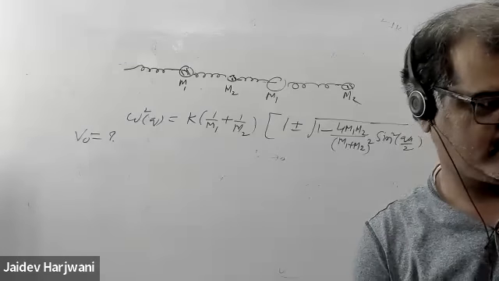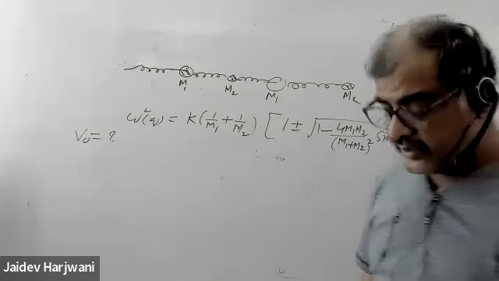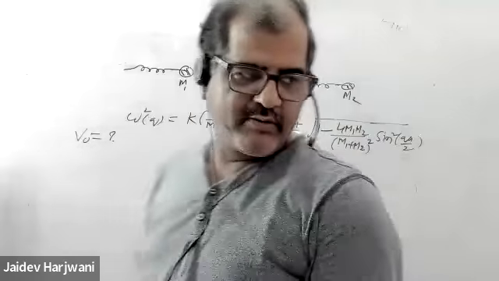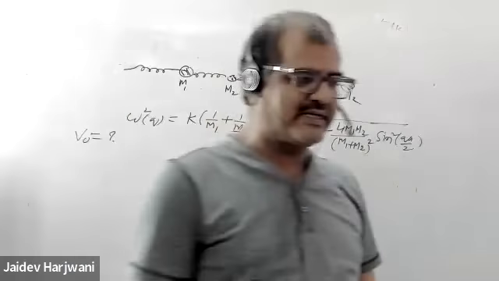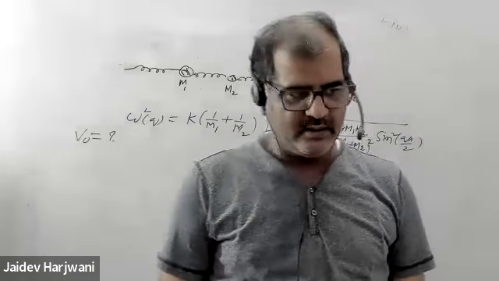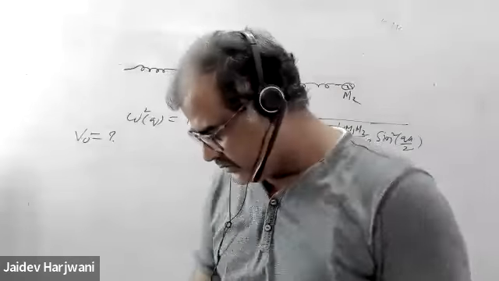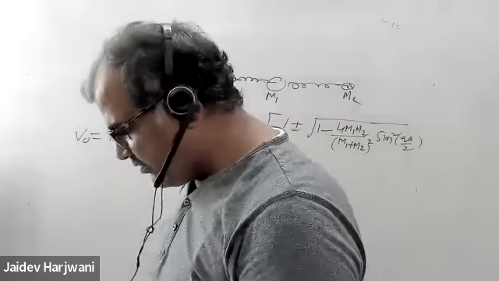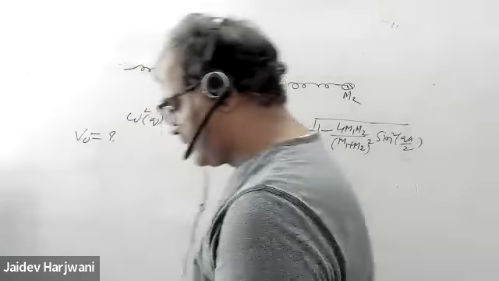Sir, is there any limit given on the q value? Not given, but velocity of sound is always calculated where k tends to 0. I told you several times in class. Sir, it's root of k a square by 2(m1 plus m2). Omega value, not omega square.